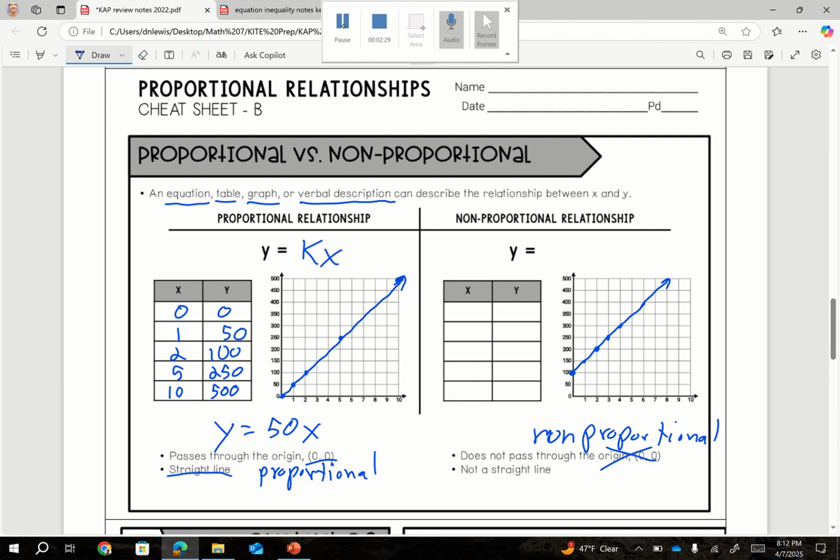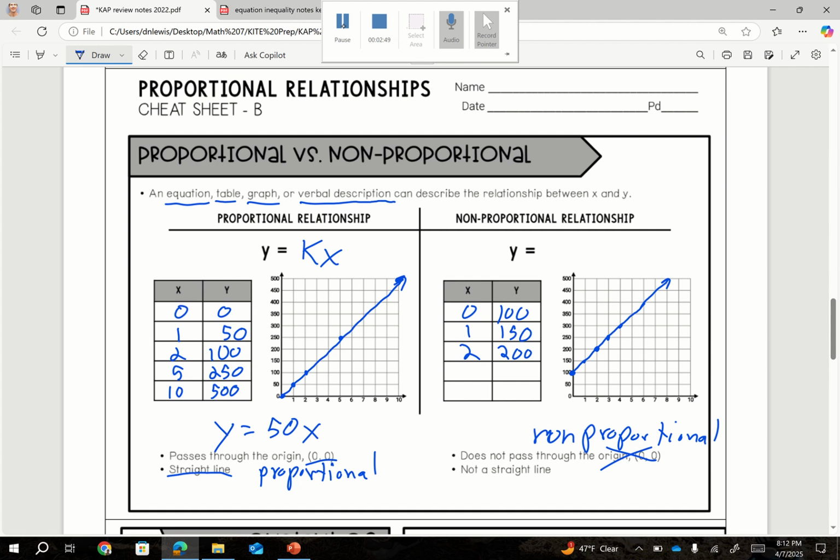All right, so if I'm filling in my table from my graph, I'm going to look at this first dot. I see that x is 0, y is 100. If x is 1, y is 150. X is 2, y is 200.